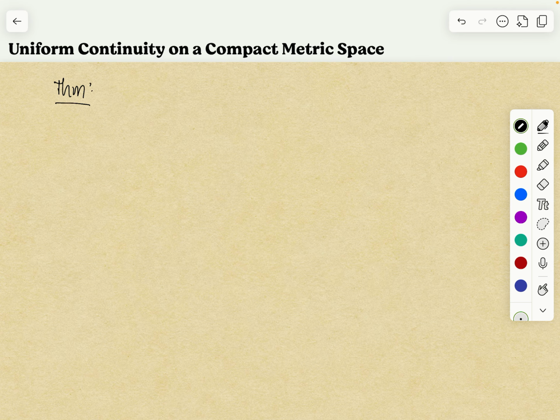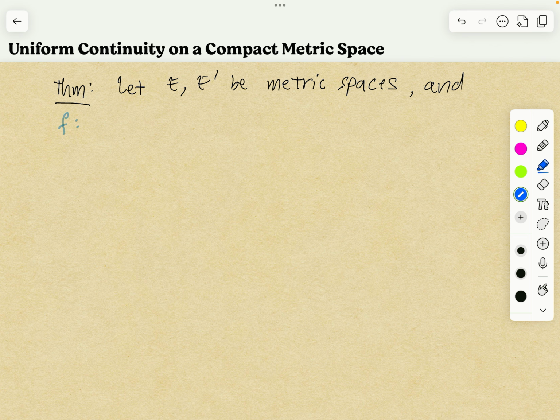that if you have a function from one metric space to another, so let E and E prime be metric spaces, and you have a continuous function from the metric space to the other metric space, and the domain is compact.